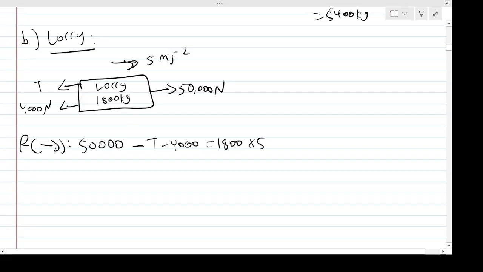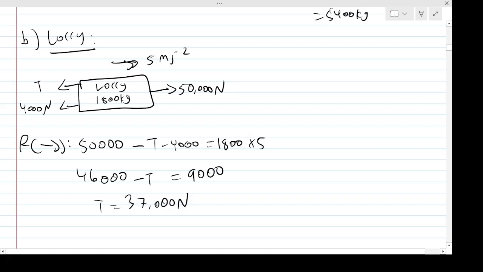Now it should be quite clear how we can work out T by solving this equation. So if I do 50,000, take away 4,000, I get 4,600. 46,000, take away T, equals, what, 1,800 times 5 is 9,000. Then I can just solve for T. So if I take away 9,000 from 4,600, I get 37,000. So that is my tension there.